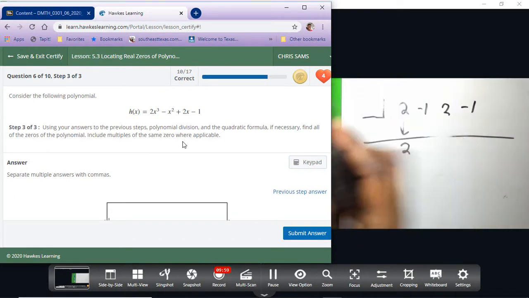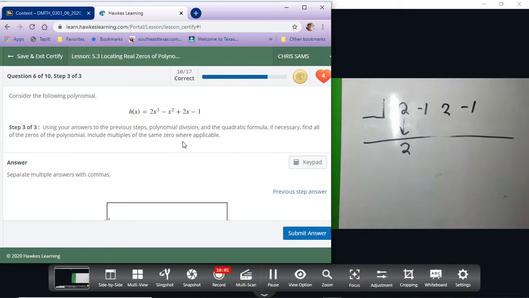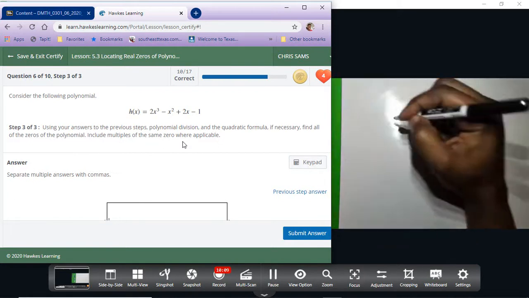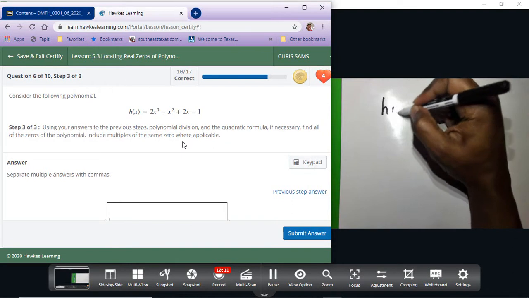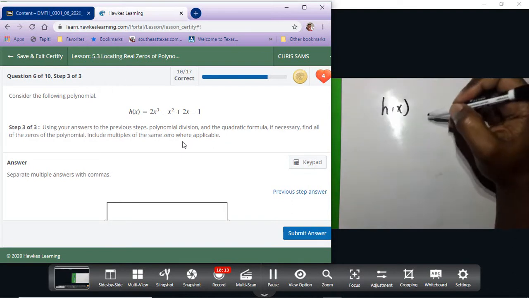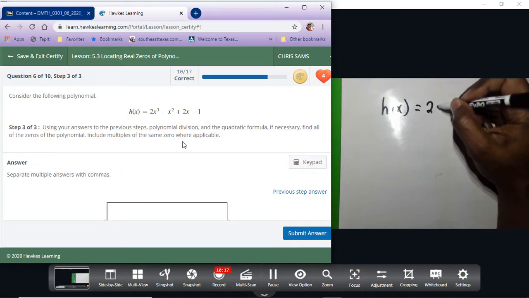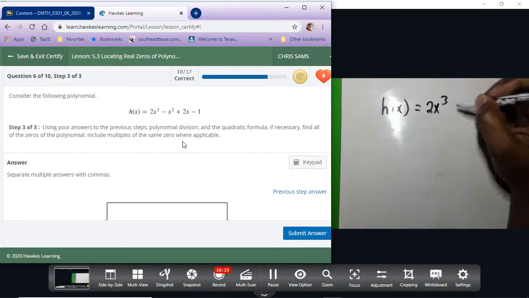So let's see if we can factor this by grouping since it's a four-term polynomial, and then we'll be able to find our zeros that way. I wanted to see if it worked with synthetic, but that's what you would have to do to try and see if they worked. Alright, 2x cubed minus x squared.